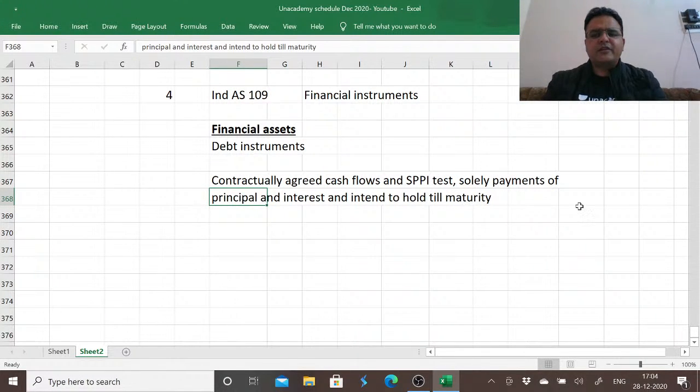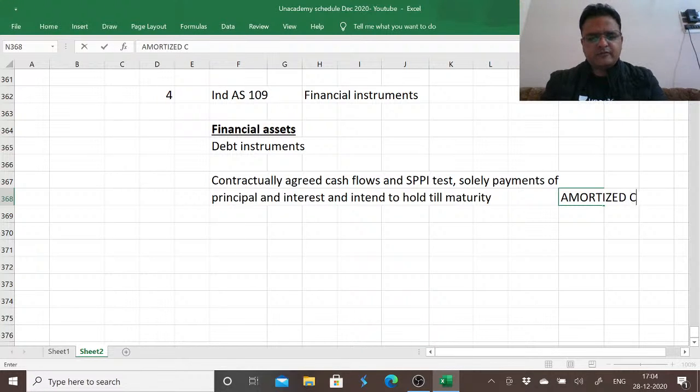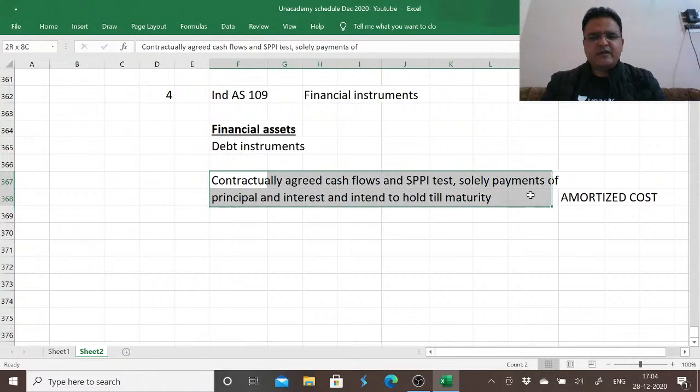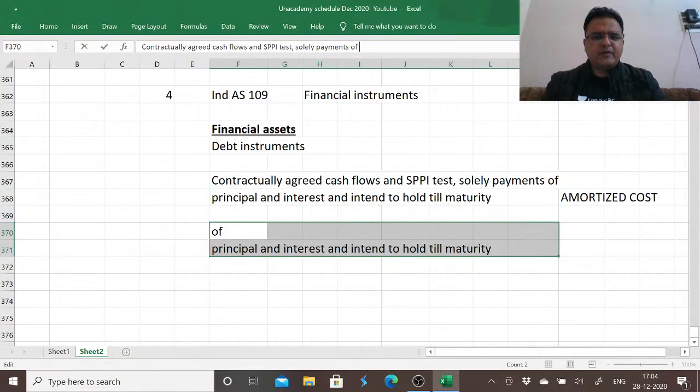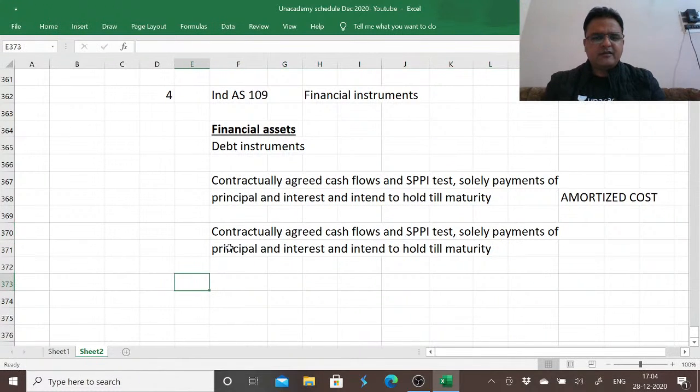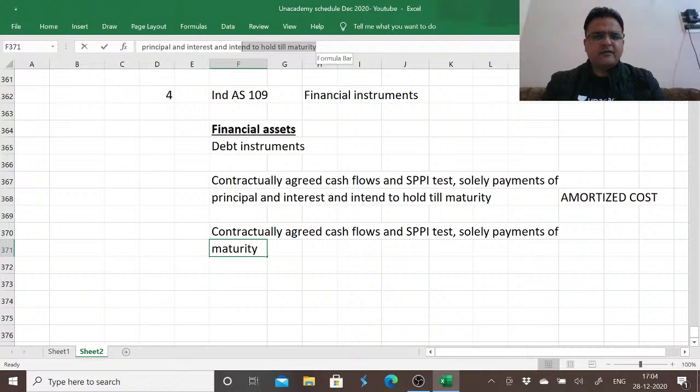If the intention is to hold till maturity, they are measured at amortized cost. But if they are contractually in cash flows and solely payment of principal interest, but the entity may sell it.